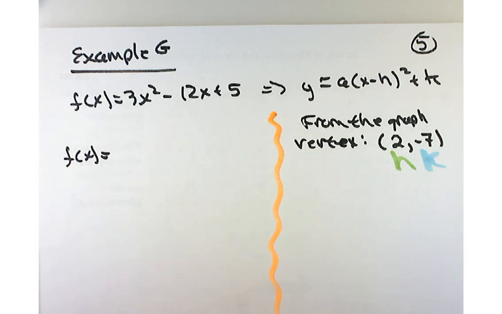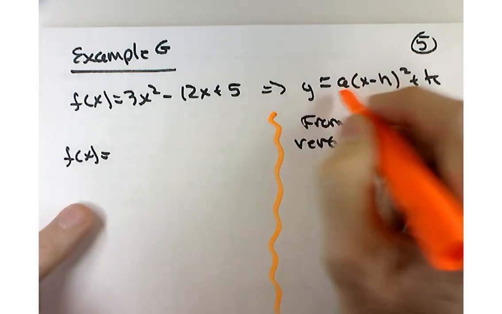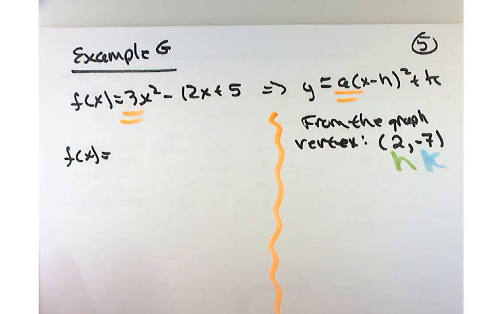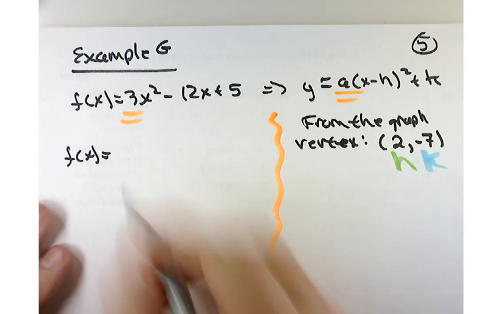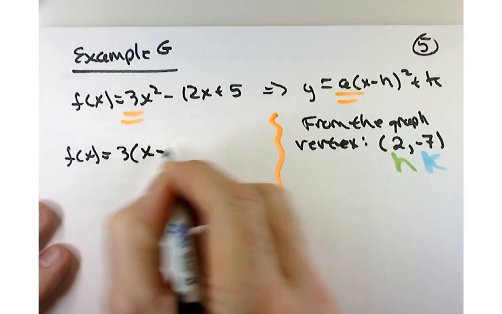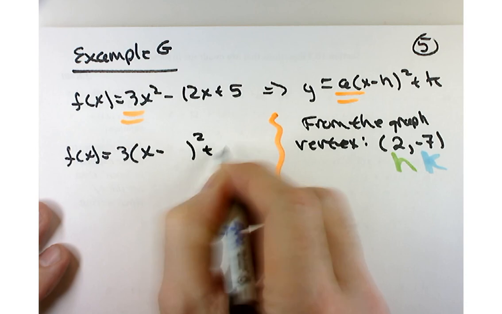So our A in all this is going to be 3, right? So it's going to be 3 times X minus H squared plus K.